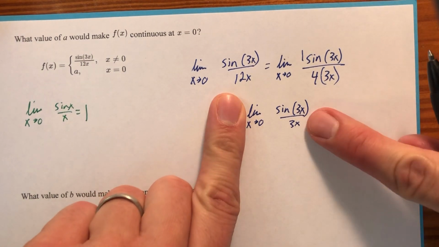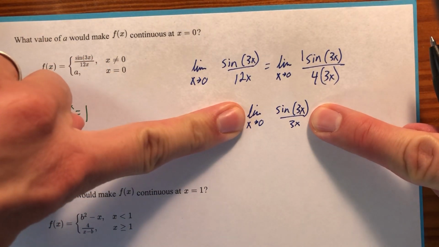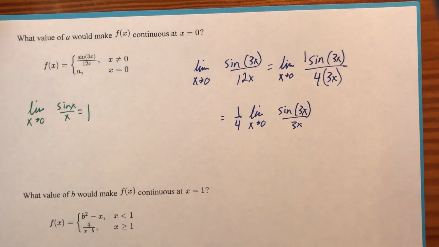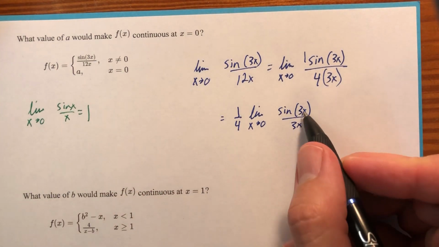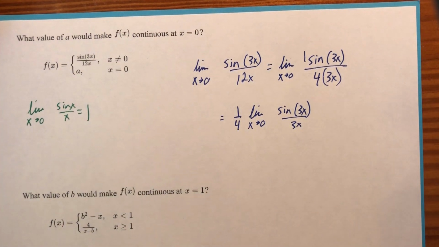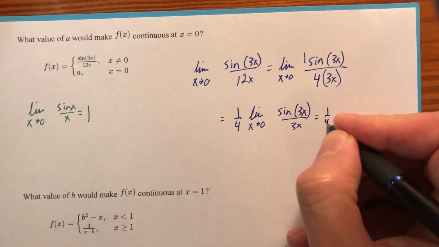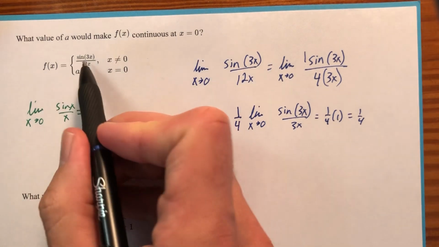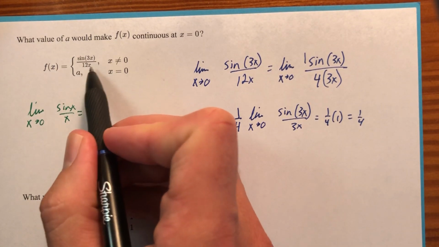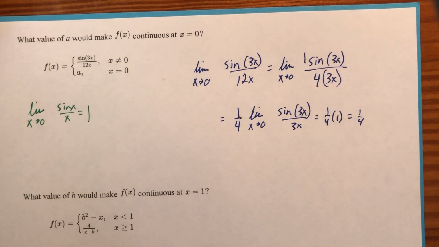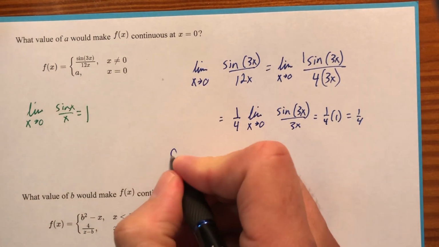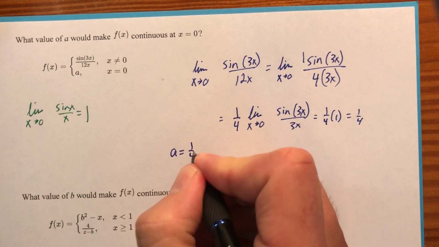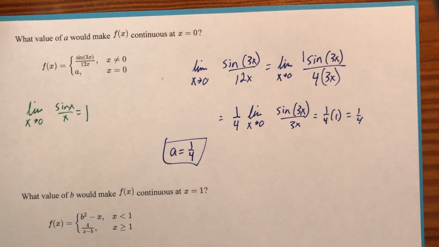I know that all this stuff right here is equal to 1, because we've learned that already, and the 3 doesn't change that aspect of it. So we really just have 1/4 times 1, which of course is 1/4, and that is the logical y value that this would be at 0 if it existed, but it doesn't. But that is what would fill in that hole. So there's our a value.